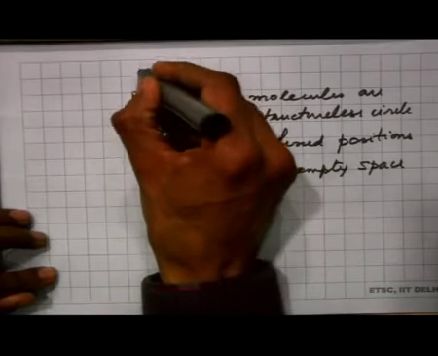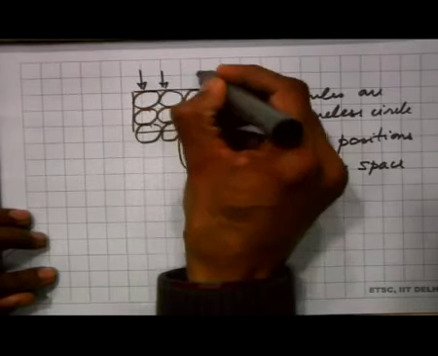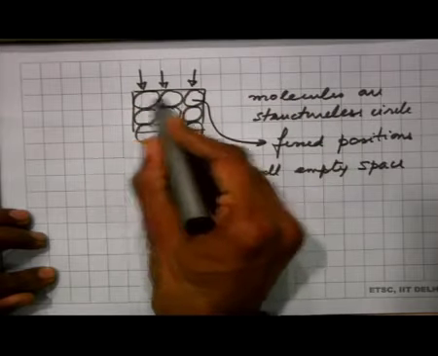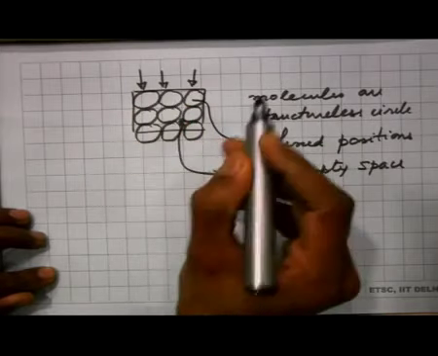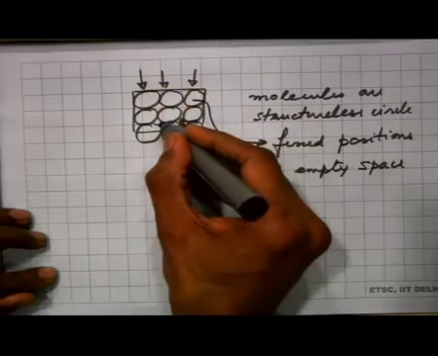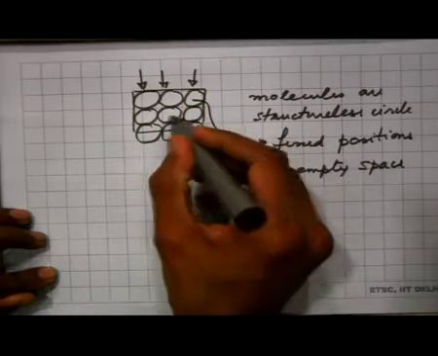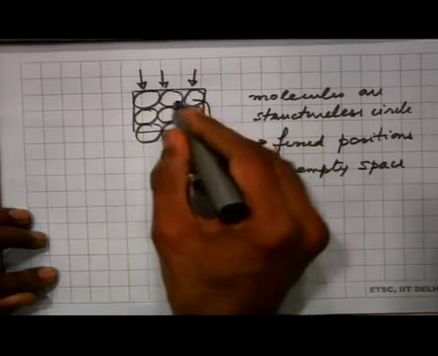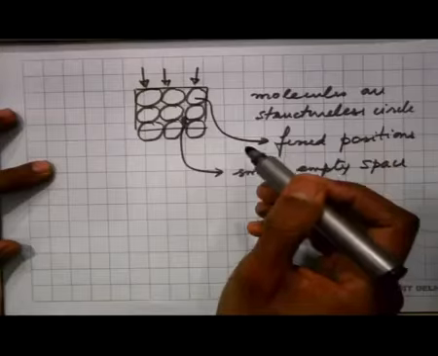So, if you apply pressure on the solid from here, because the molecules are on top of each other, you cannot compress it. Also, because the empty space is small, you cannot compress it. So, as a result of the spheres touching each other, you do not have very much empty space. So, you apply pressure, this has nowhere to go.